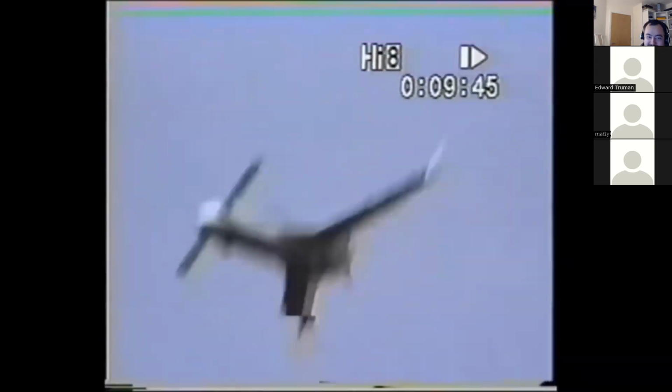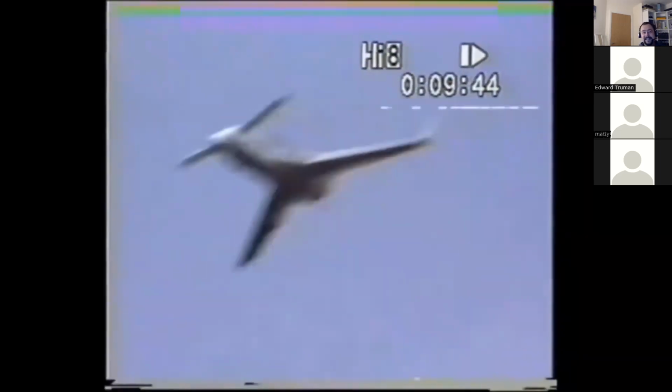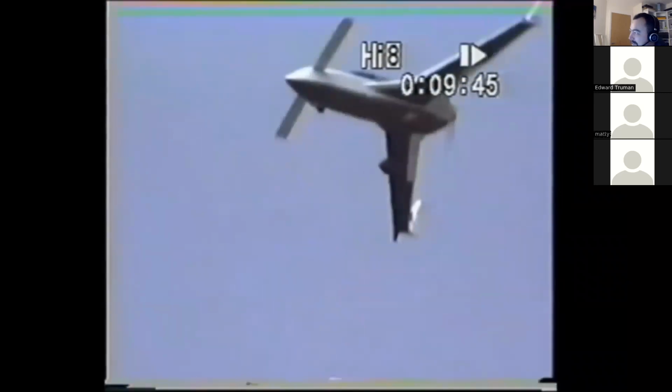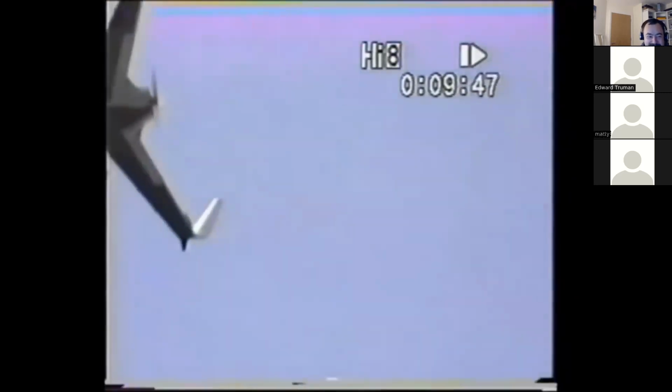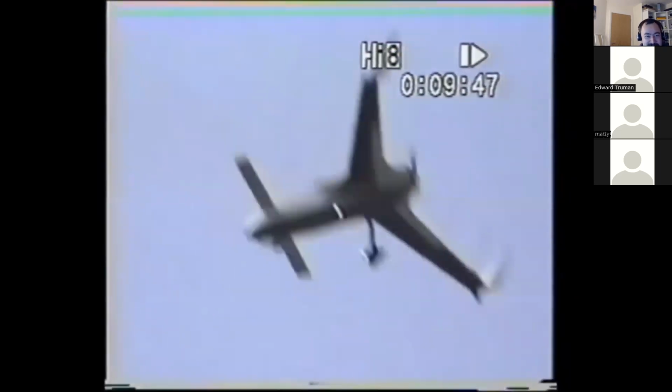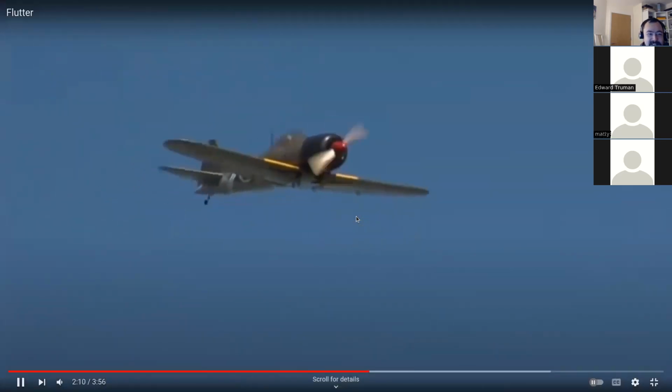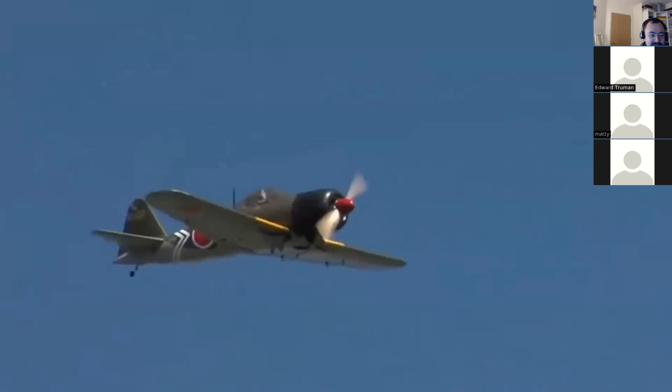They always do a flutter test. For example, the A380, the super jumbo jet, went through a flutter test. They pointed the airplane down and it started shaking, but not in a normal flight. It should never do that in a normal flight. Here you can see the tail shaking, so flutter.